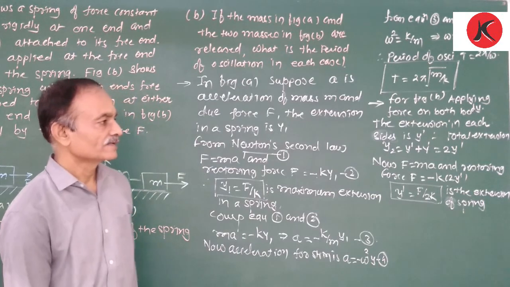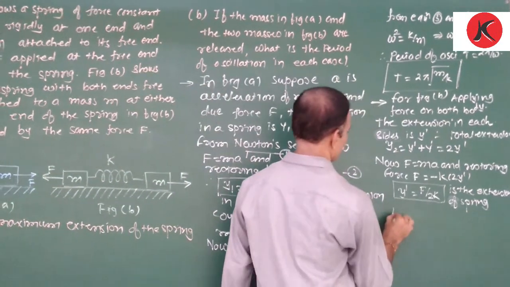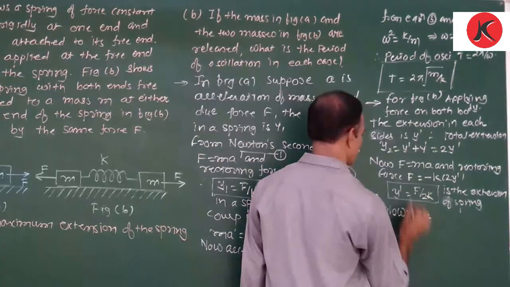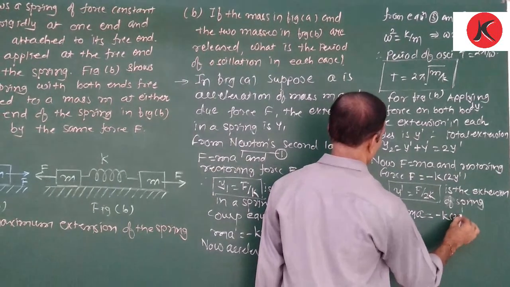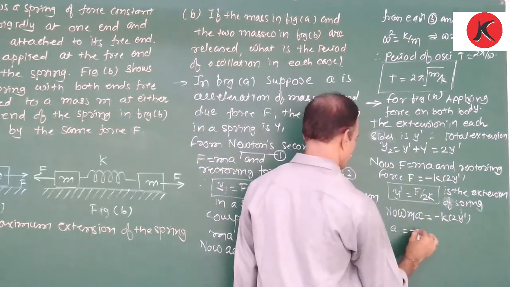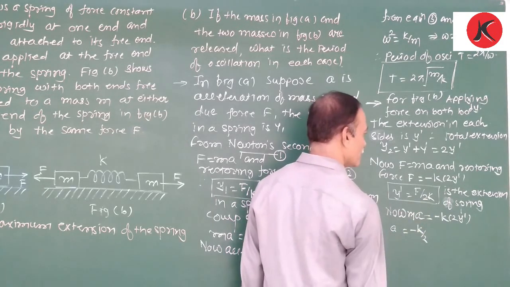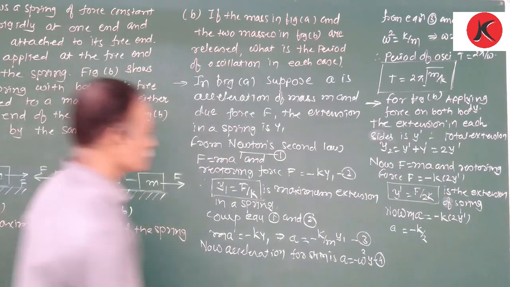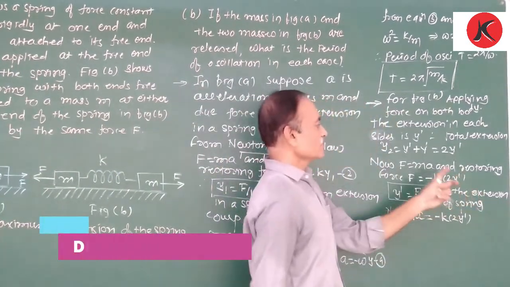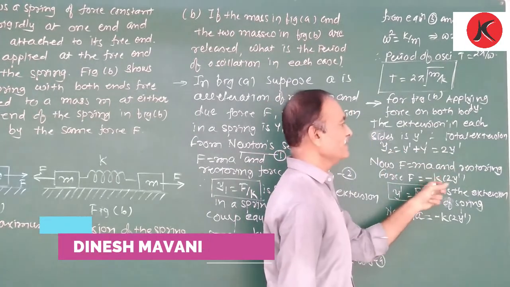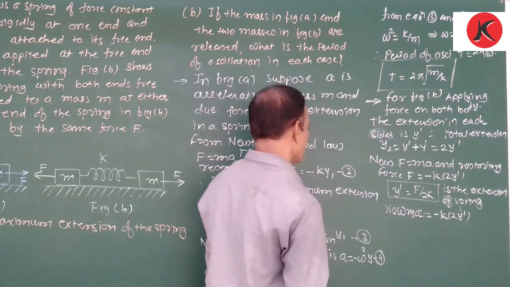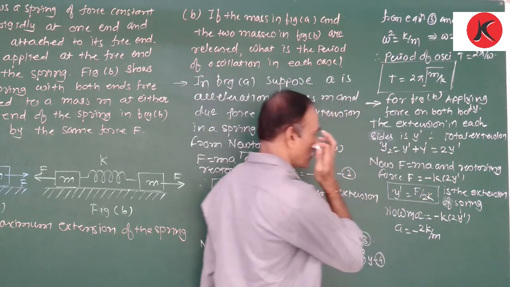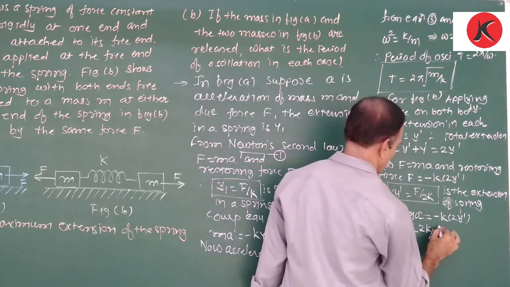Clear this? Now, ma is equal to minus k into 2y dash. Here we compare F is equal to ma and F is equal to minus k into 2y dash. Therefore, acceleration is equal to minus 2k upon m into y.